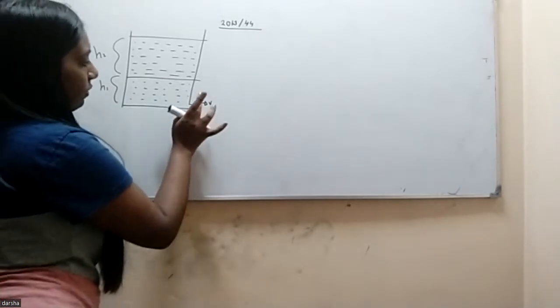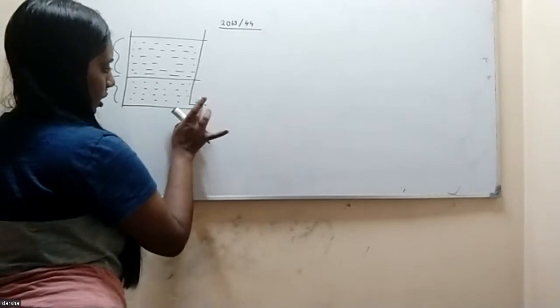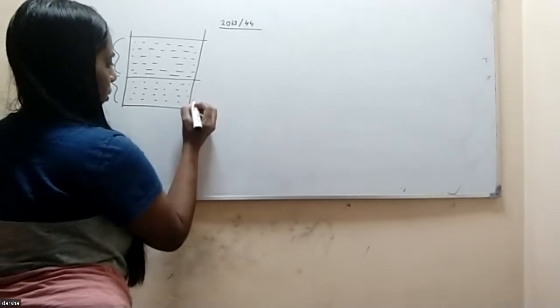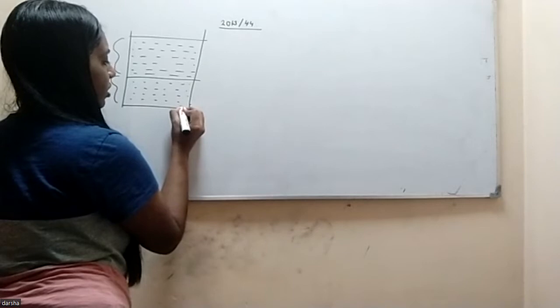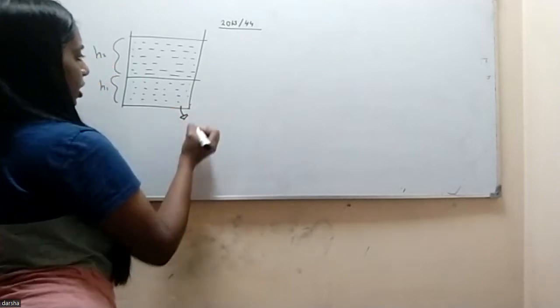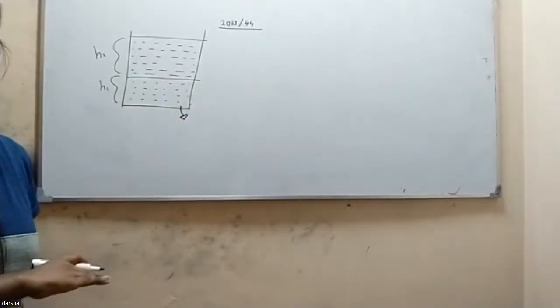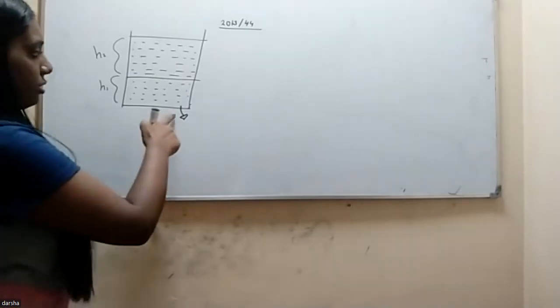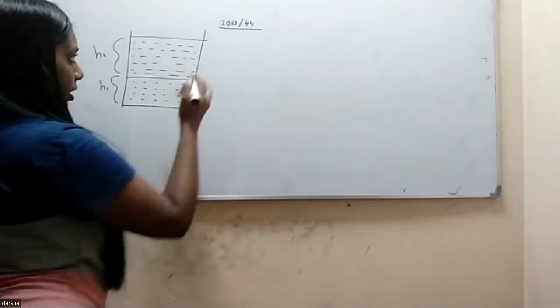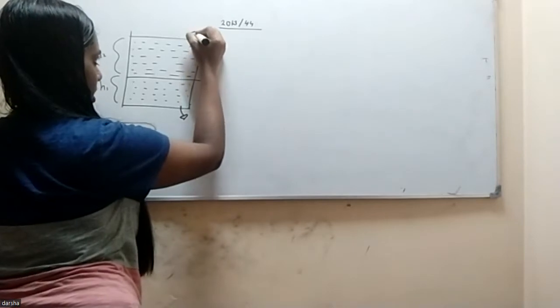Now let's say we didn't put a hole. Let's say there is no hole. Then we can write the pressure at this particular point, isn't it? Yes, if the liquid is still, that means not moving, the pressure at this point can be written as follows. Let's say this is the atmospheric pressure P0.